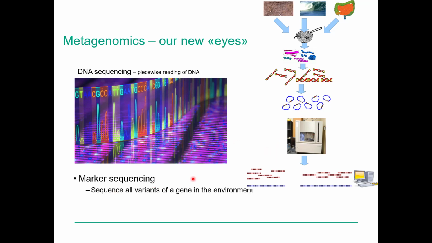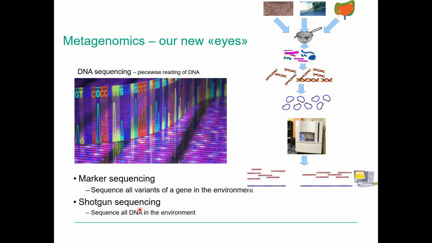There are typically two types of sequencing when we talk about metagenomics, and we will come back to this towards the end of the course. The marker sequencing, where you just sequence the target gene from all the organisms in the environment, and you compare them by how this gene looks.